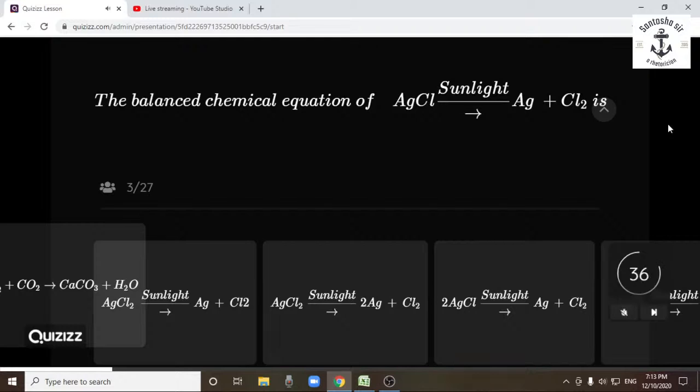In the balanced chemical equation of the given equation, please check the 4 options and answer the right one. I have an overlap on my screen here.